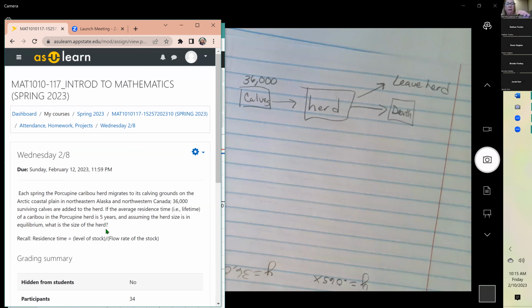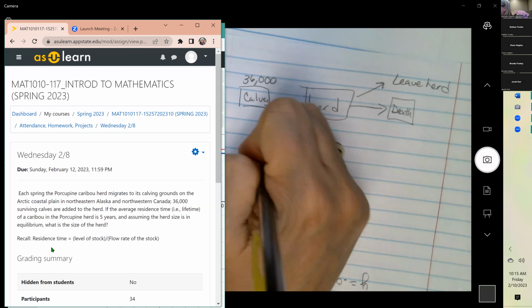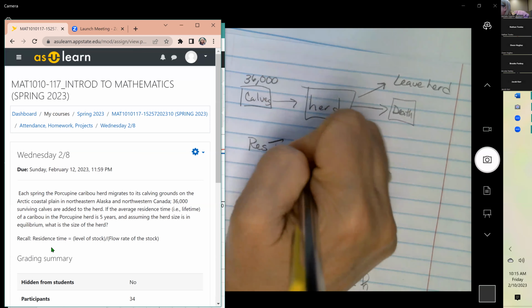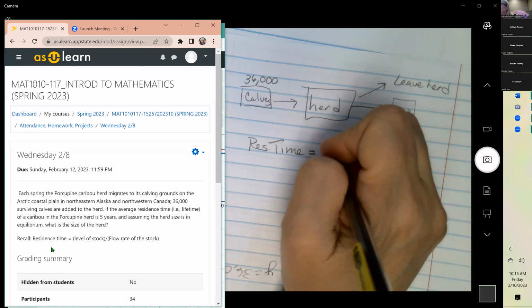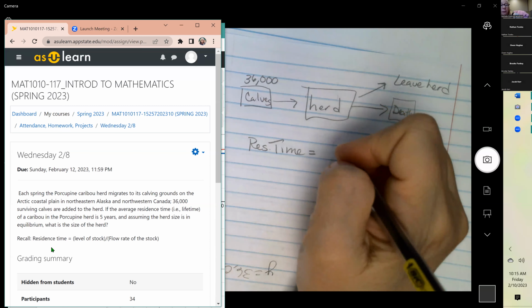We want to find out how large the herd is. I gave the formula, so it's residence time equals the level of the stock. Level of stock would be the size of your herd.